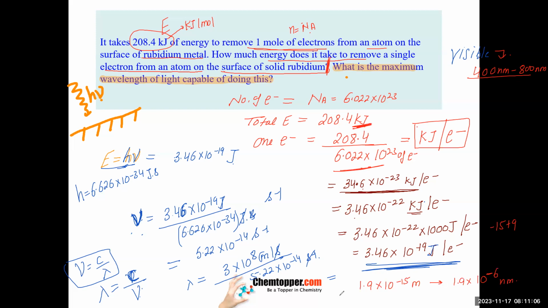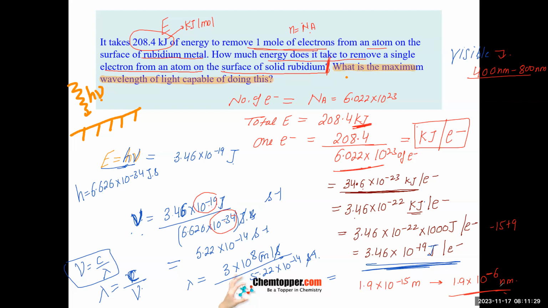Azuni is saying she's getting only 5.45. But Azuni, did you check this is minus 19 and this is minus 34? How come this can be 1? Yeah, okay, check that. So this doesn't fall in the visible light, right?